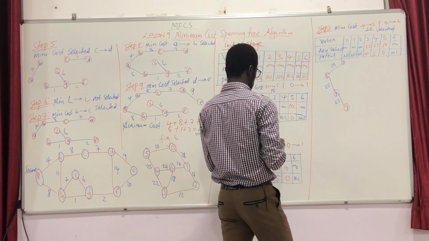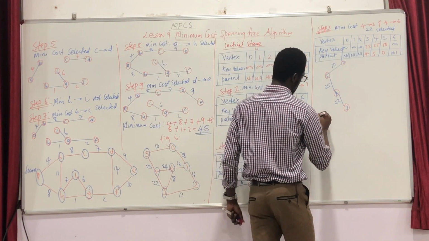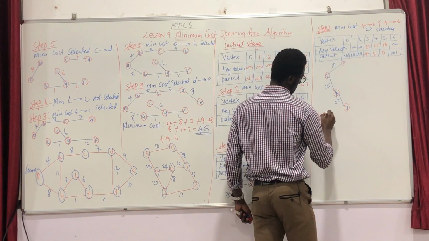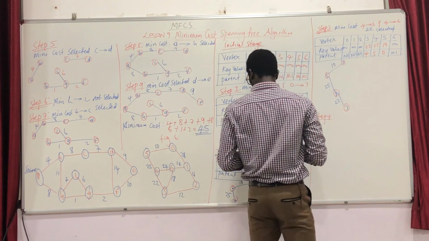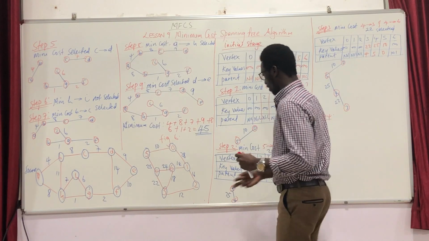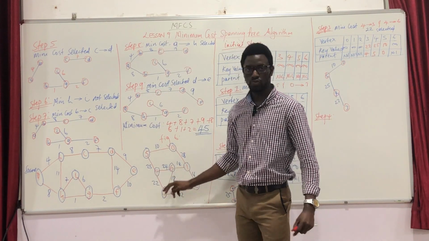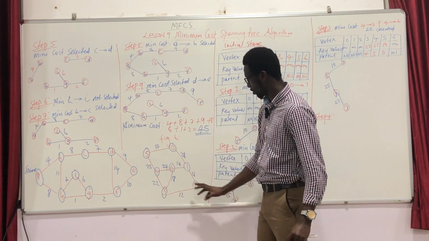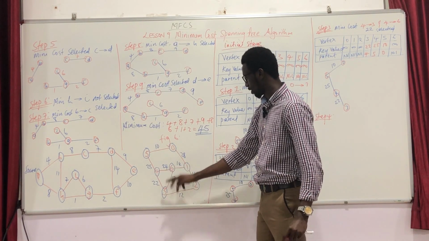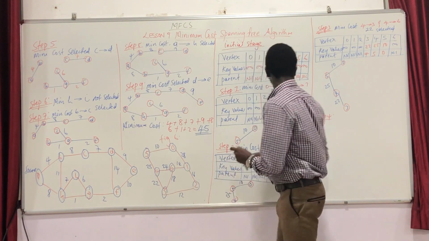Okay. Step 4. Now we are here, 4 to 3. So step 4 again, we have two regions. We have 3 to 6 and 3 to 2.